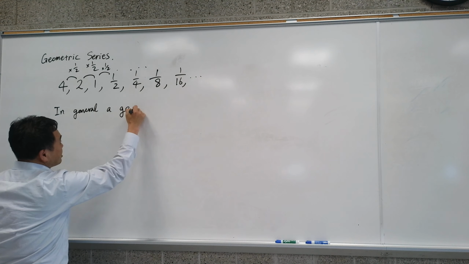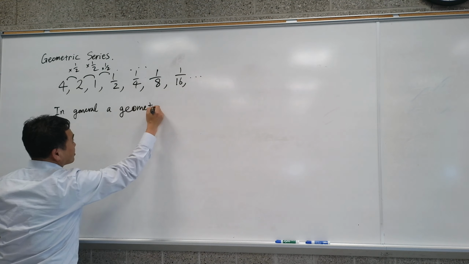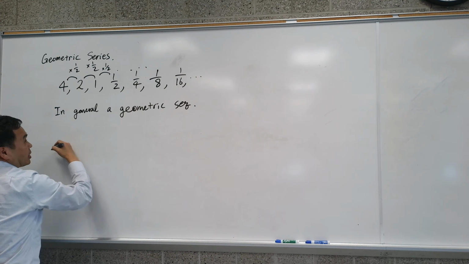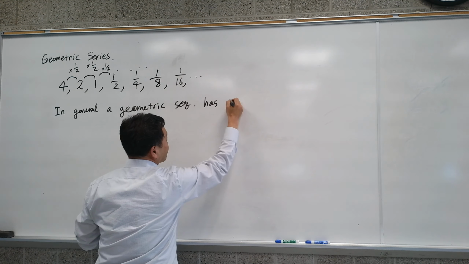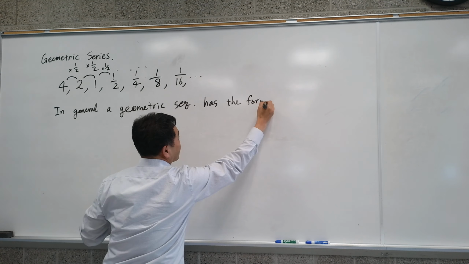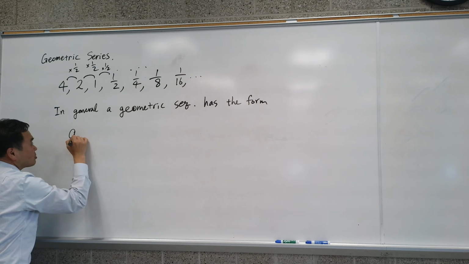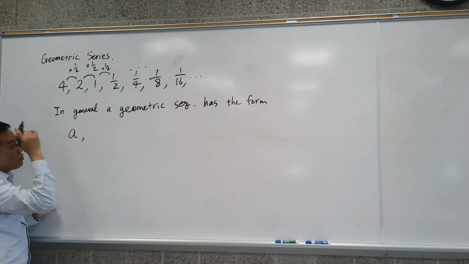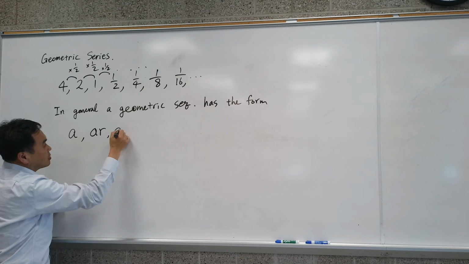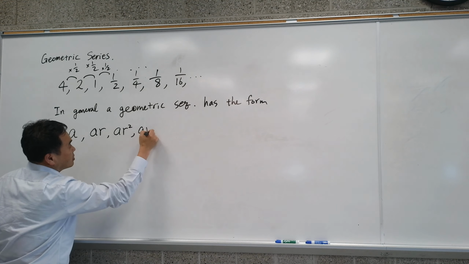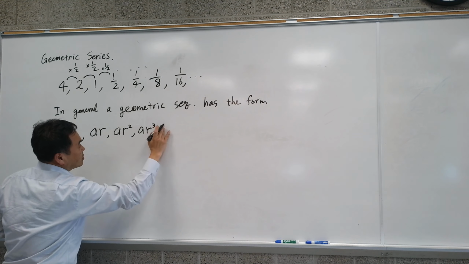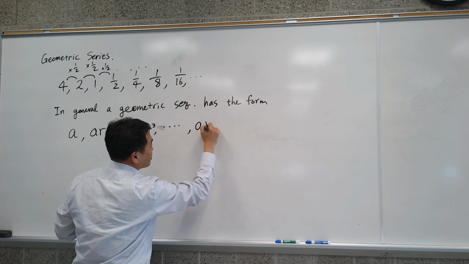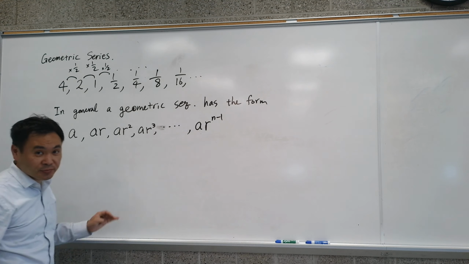a geometric sequence has the form. You start from some number a, and then you keep multiplying by some common ratio r. Okay, and let's say you do it until n minus 1.